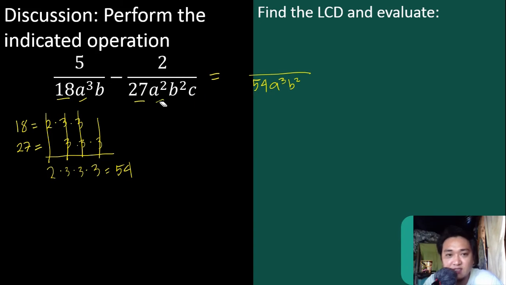Although we have no c on the other side, we will copy the prime factor. We will multiply them. Okay. So we now have a complete LCD. Let us now try to divide 54 divided by 18.